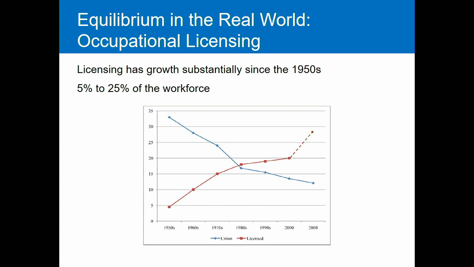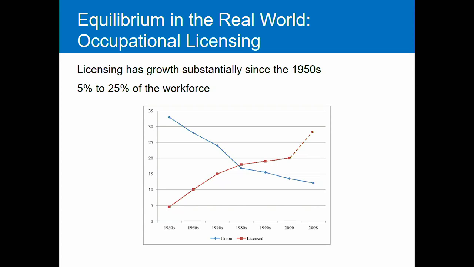Licensing has been growing substantially since the 1950s. This is a graph showing union membership and occupational licensing. Union membership back in the 50s was almost 35%. It was a big labor market institution. Now, less than 15% of the workforce is a member of a union. People who are pro-union are usually upset by this and say it's a real negative trend.